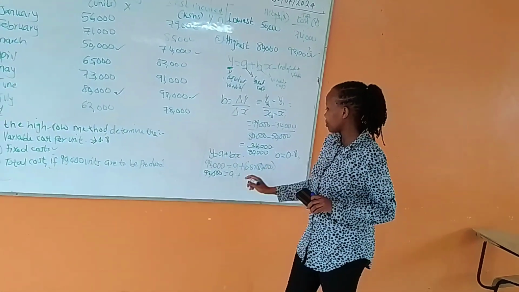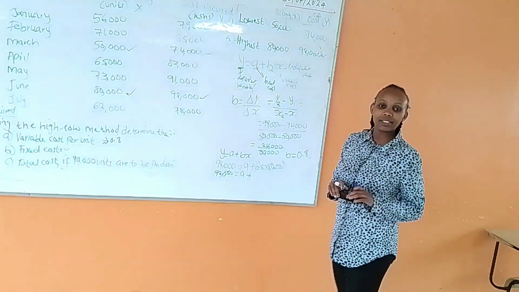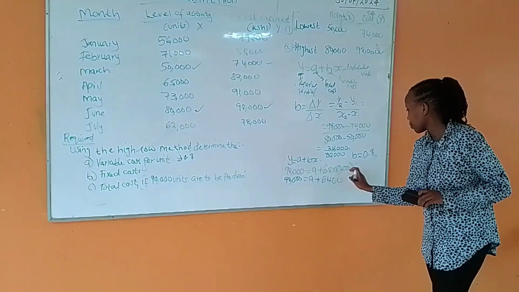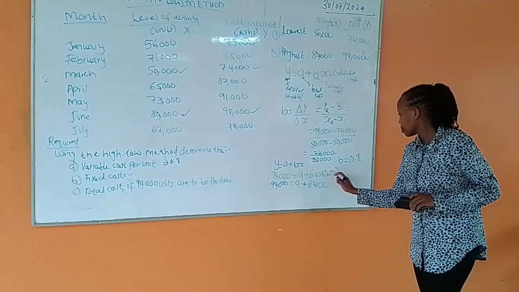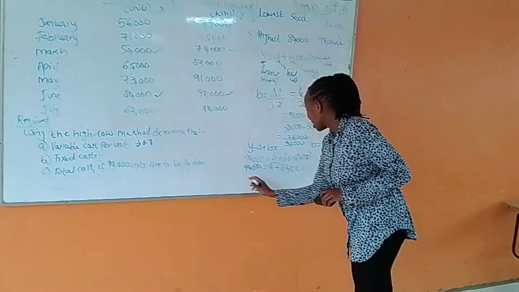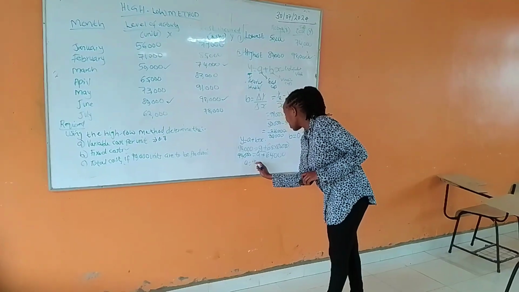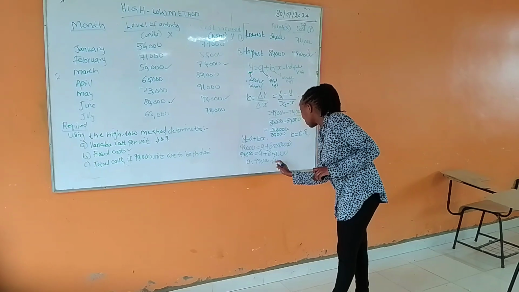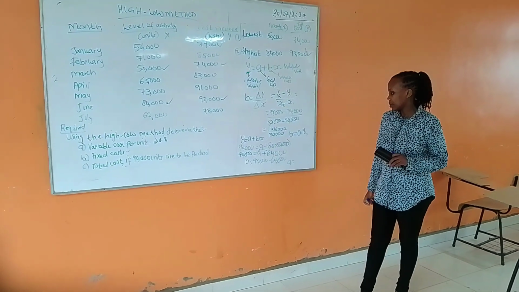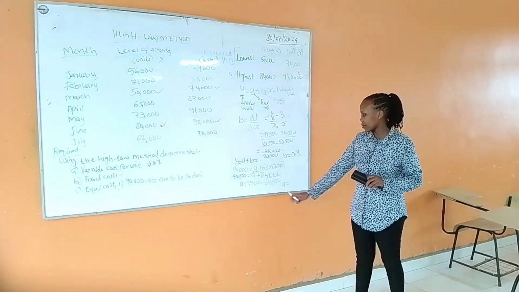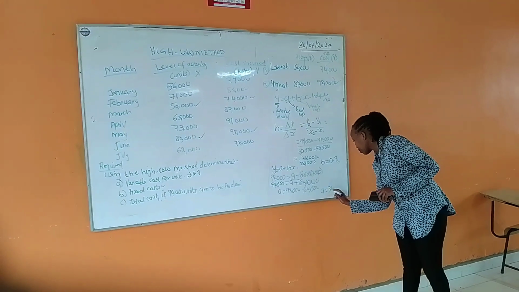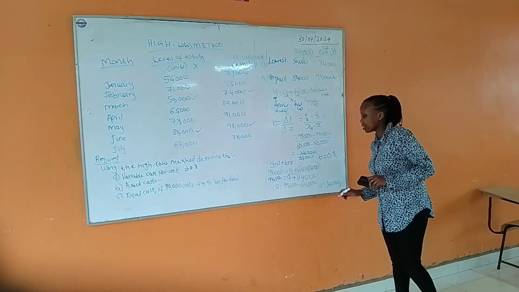So 0.8 times 80,000 is 64,000. So a is equal to 98,000 minus 64,000, which gives you the value of a as 34,000.